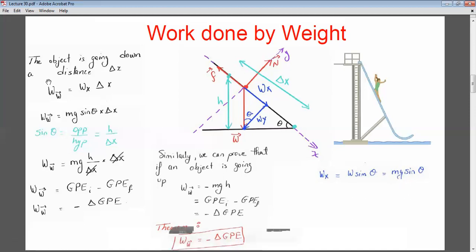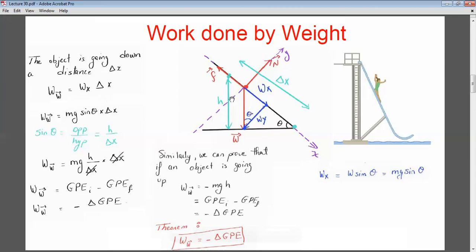Now I go back to my equation. Work done by W is the x component of the W times delta x. Instead of the x component of the W, I will put mg sine theta times delta x. Now look at this triangle where one side of it is delta x, the other side of it is h, and this angle here is theta.